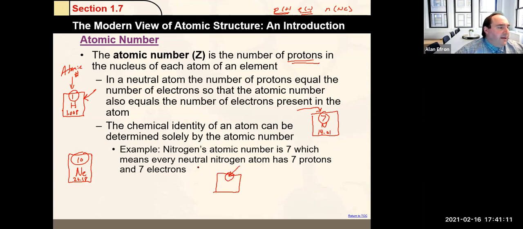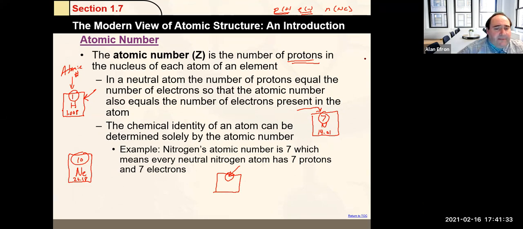So every single element has its own atomic number, which means if you know the number of protons, which is the atomic number, you also know what element you're talking about. That's a very important piece of information that you can get from the periodic table.